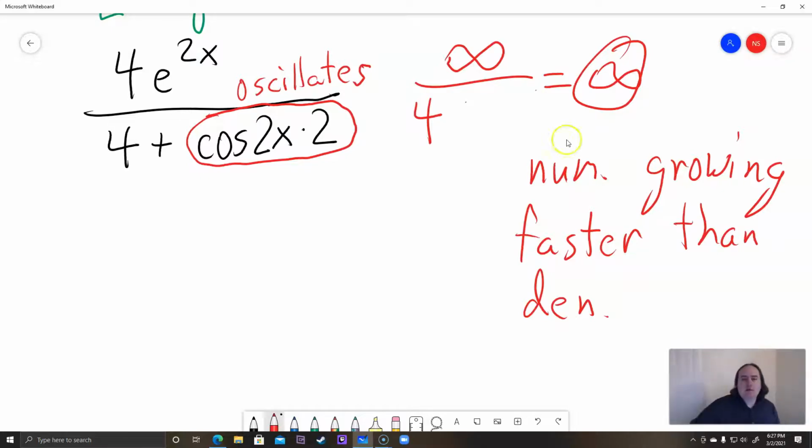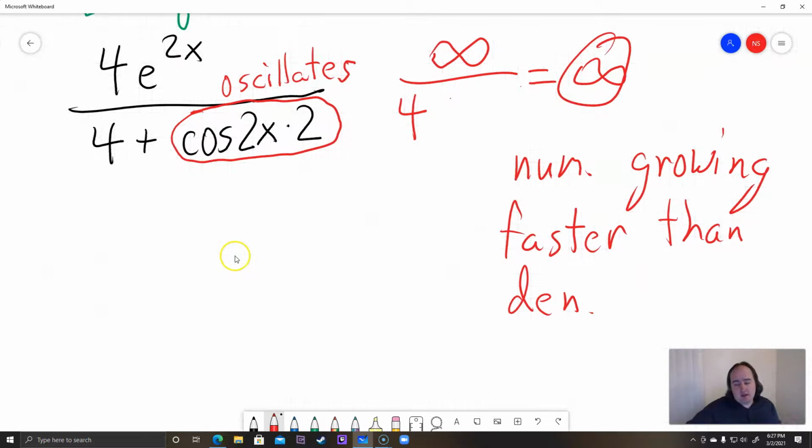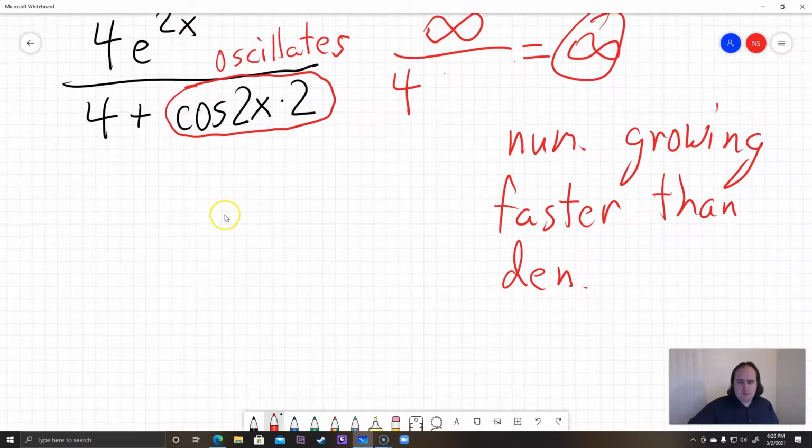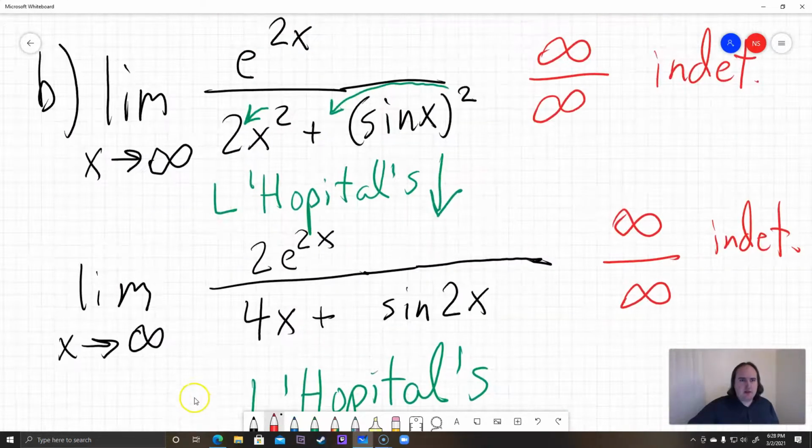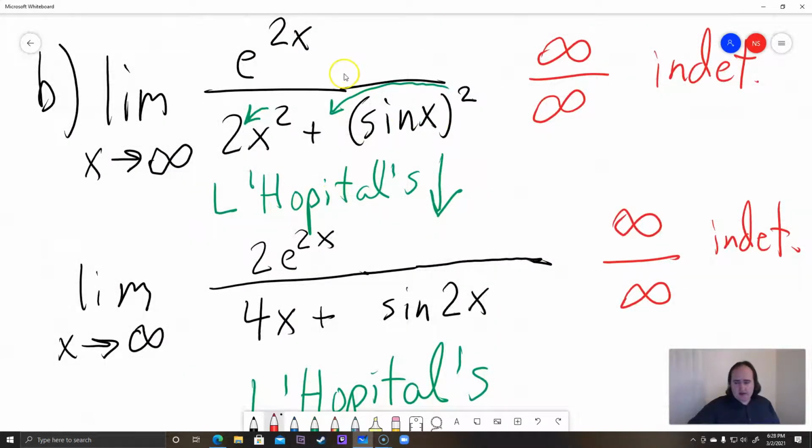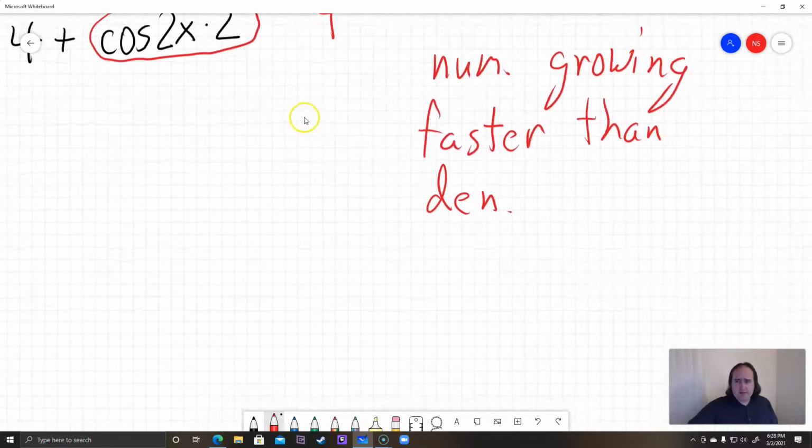So that means the denominator is growing slower than the numerator.